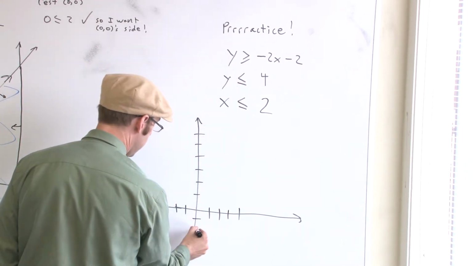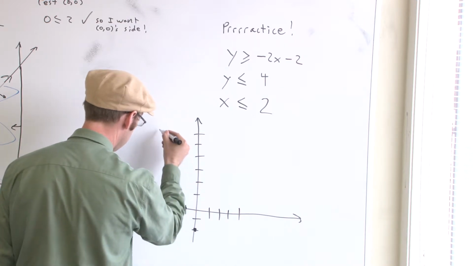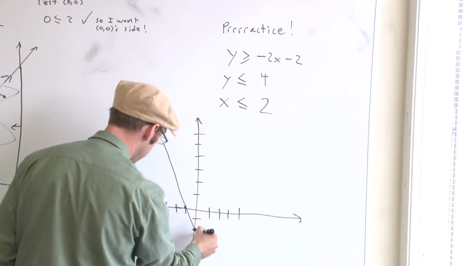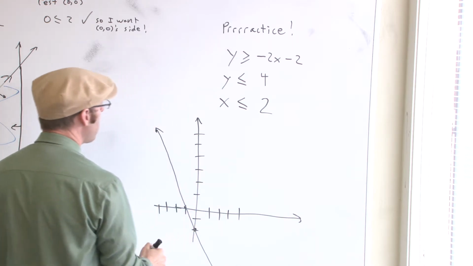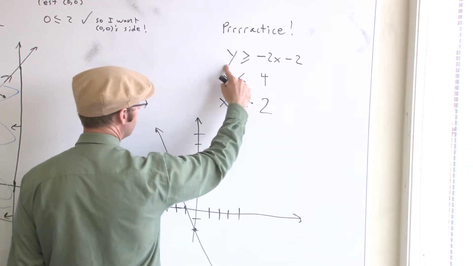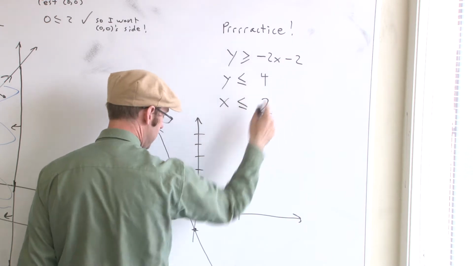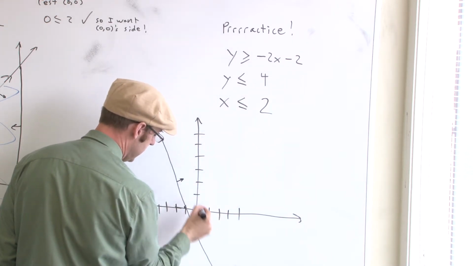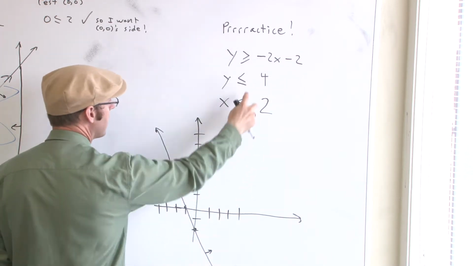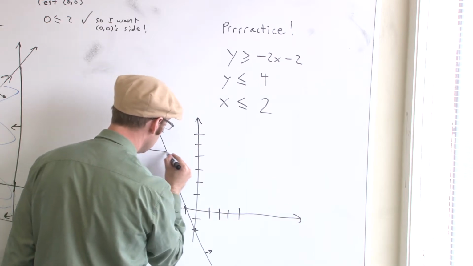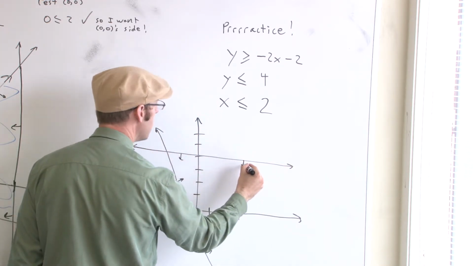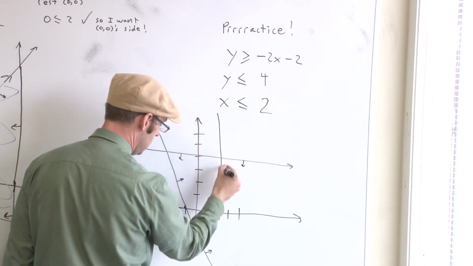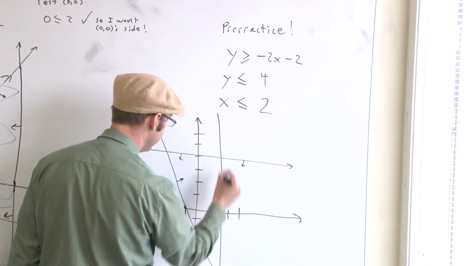Where you graph this guy. I'm going to test 0, 0. Is 0 greater than negative 2? It is. So I want that side. I'm going to graph y is 4. I want to be less than that. And I'll graph x is less than 2.